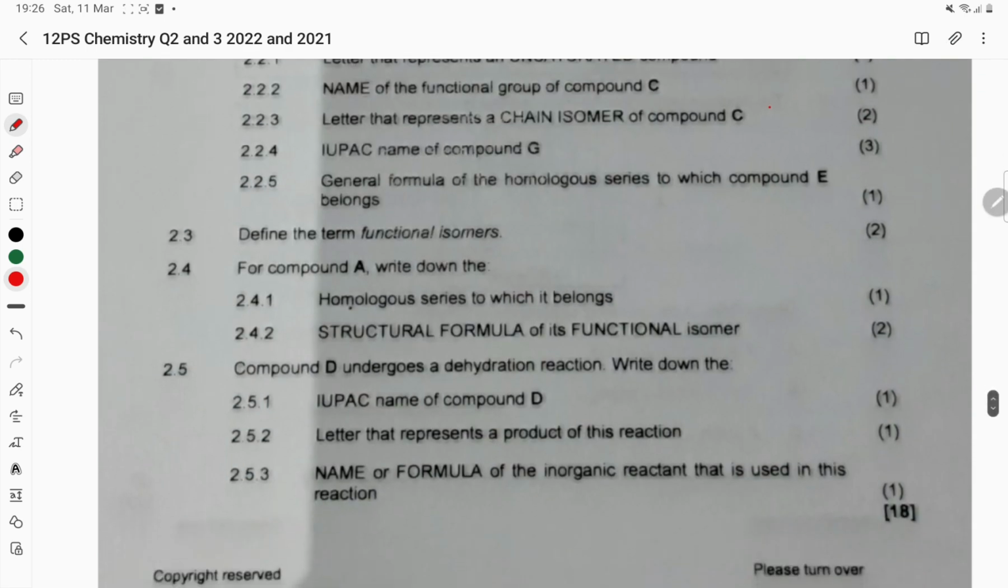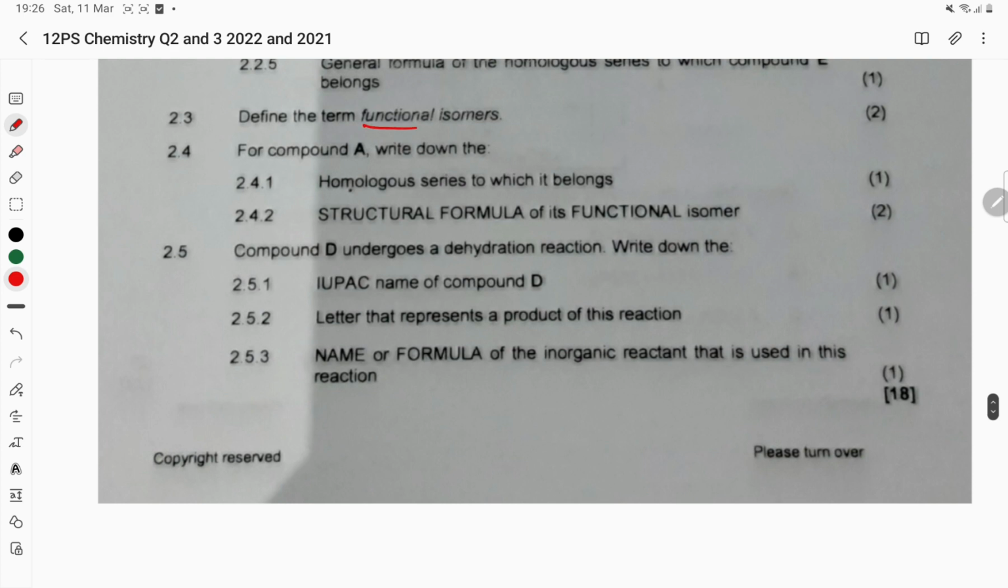Right, the next question is, what is a functional isomer? That's when they have the same molecular mass but different functional groups. For instance, if you look in the beginning of your book, the carboxylic acids and the esters are isomers of each other, or functional isomers.